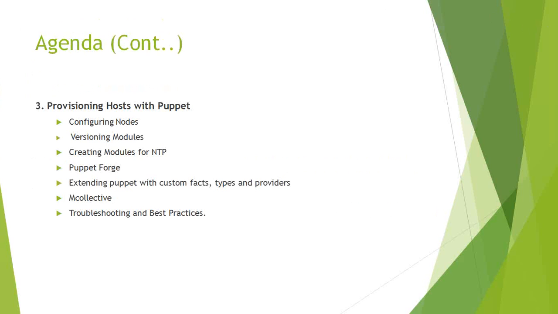After this, we'll practice some modules hands-on. So this is the overview of what we are going to learn in this training. After finishing this training, you will be able to write your own modules or configure your own master. That's the expected outcome of this training.